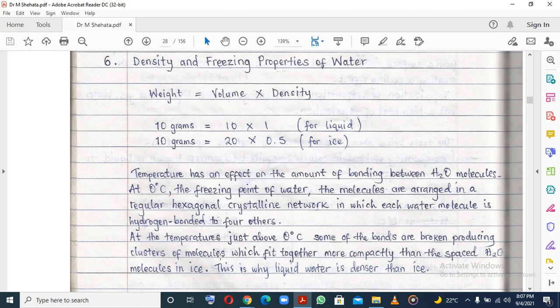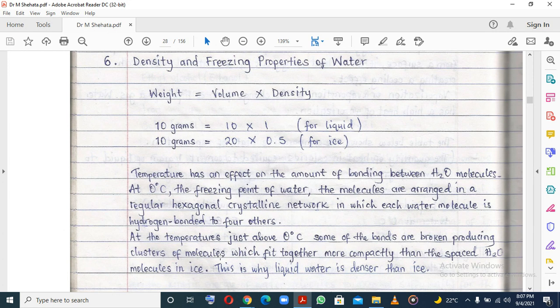Some of the hydrogen bonds begin to get broken. So as these hydrogen bonds are being broken, it means that these water molecules, which were arranged in a nice crystalline, regular hexagonal network, are now all over the place. They are clustered, and they are more compact. By compact, I mean they are closely together.